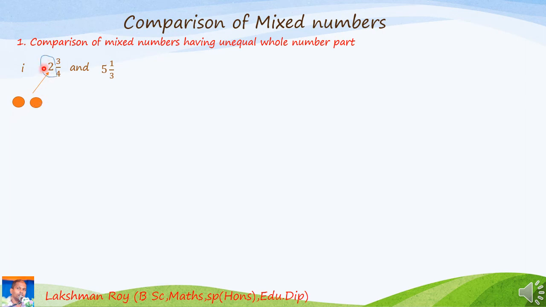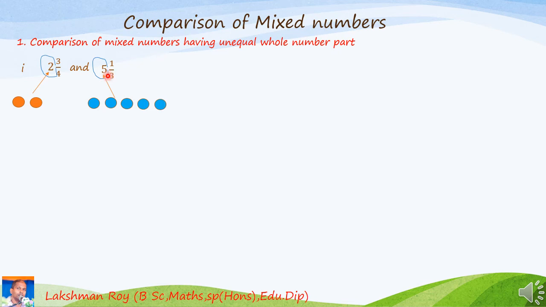So that is the whole number 2. Then move to the second mixed number. Here the whole number is 5. So how many whole ones are there? There are 5 whole ones. You can see 1 2 3 4 5.